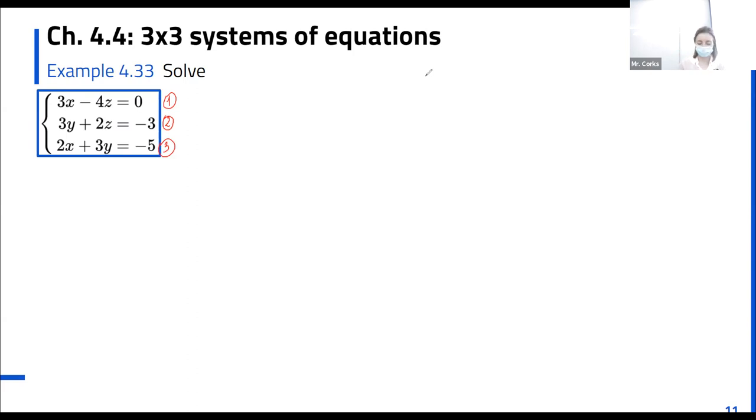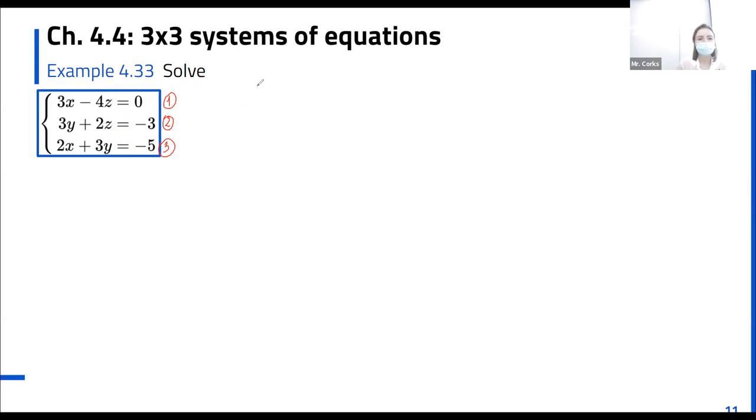Okay, we got some answers in the chat. So let's take a look. We have only two variables in each equation, so we need to choose two that we will simplify the system to. So x and y. We have that here, so we can multiply the second by 2 and get rid of z.